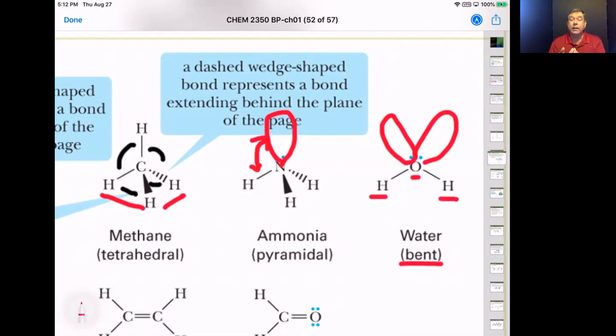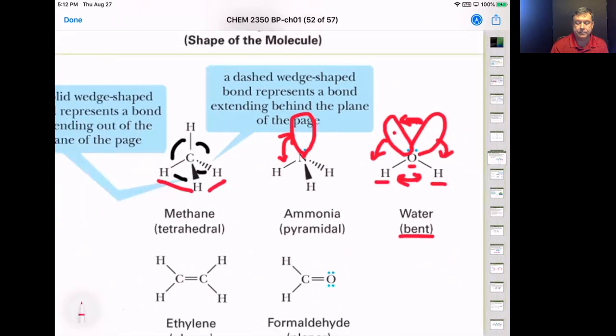So electronically, it's tetrahedral, that shape with 109 degrees apart, but molecularly, it's what we call bent, because this cloud is pushing against that, this cloud is pushing against that, and these are pushing against each other, giving us, it's trying to be 109.5 degrees, but it's not quite. And we'll talk about that in the next slide.